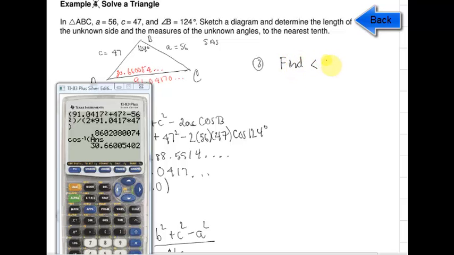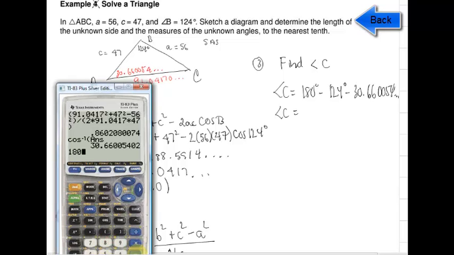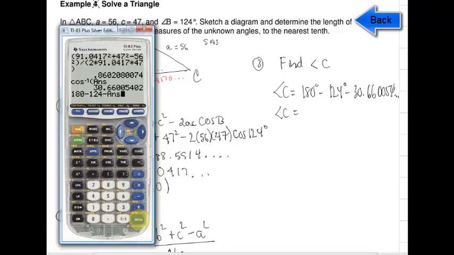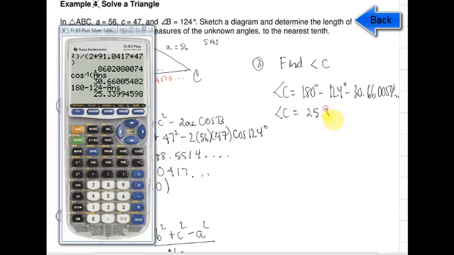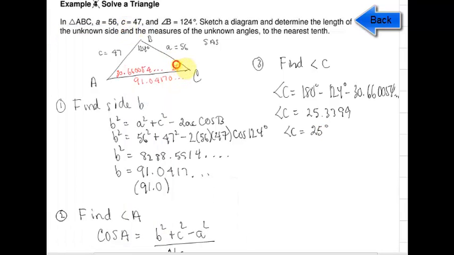Find angle C. And we know that that is just 180 minus 124 minus 30.660054 dot dot dot, and so angle C is equal to, so I'm going to go 180 minus 124 minus second answer, and I get 25.3399, which when I round it off is 25 degrees. Okay, and so angle C is 25 degrees.